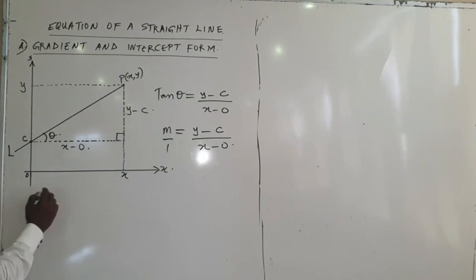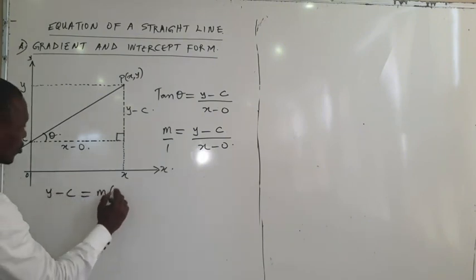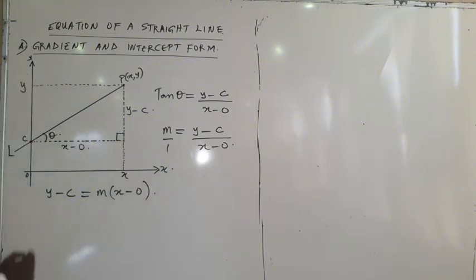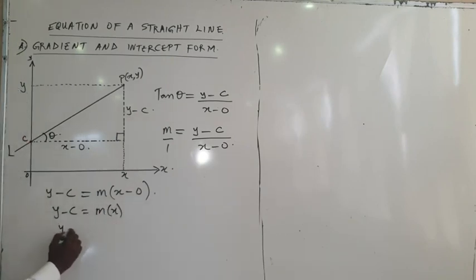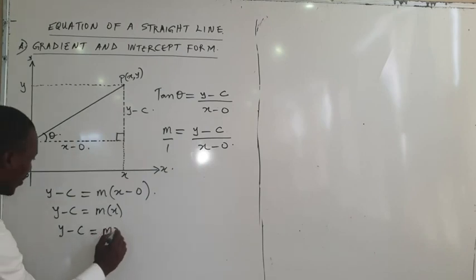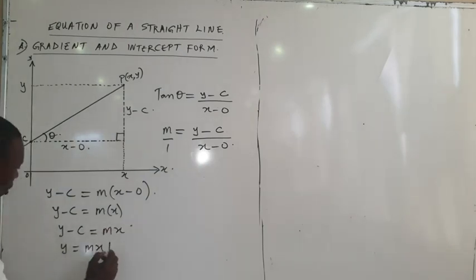So we now have y minus c equals m into x minus 0. Since x minus 0 is x, we have y minus c equals mx. So we now have y equals mx plus c.